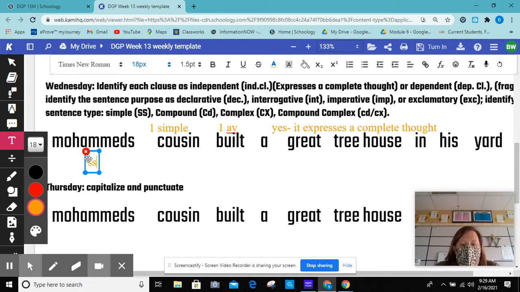Now, one simple sentence is what type of clause? Independent clause. And then what is the purpose of this sentence? Is it to ask a question, make a statement, give a command, or to explain something?